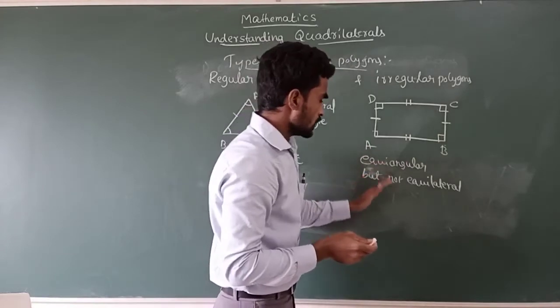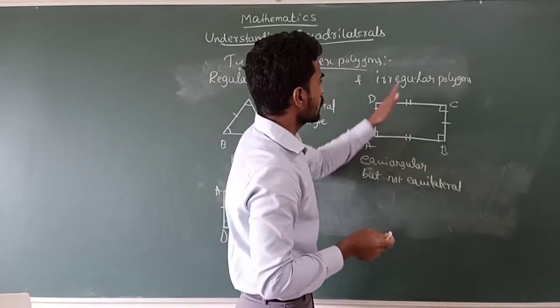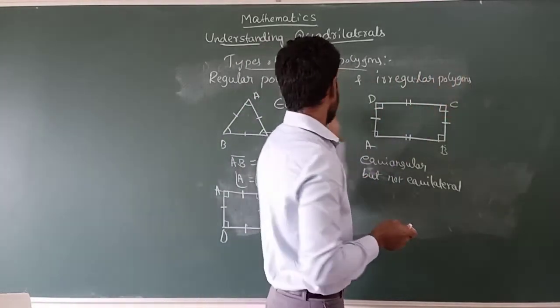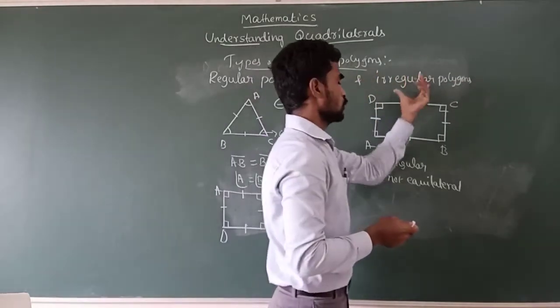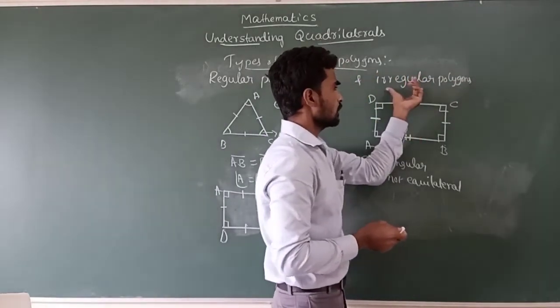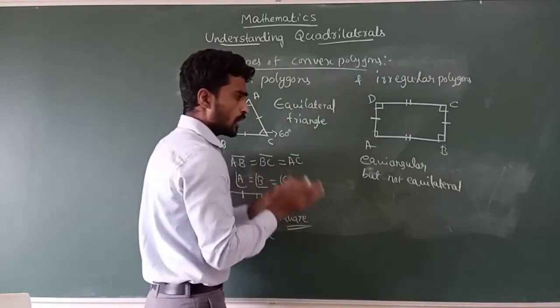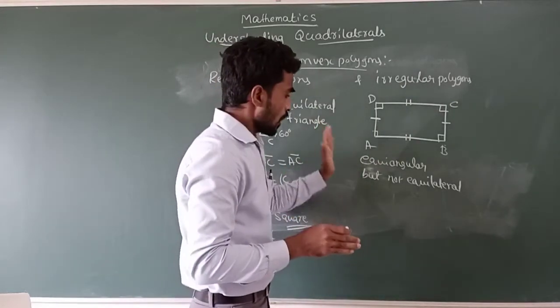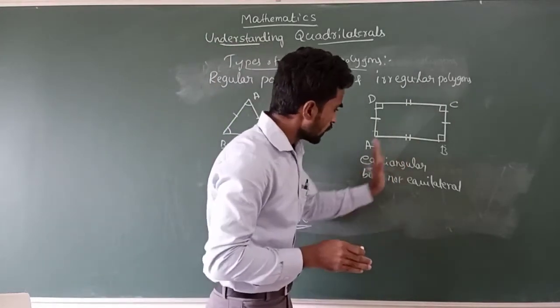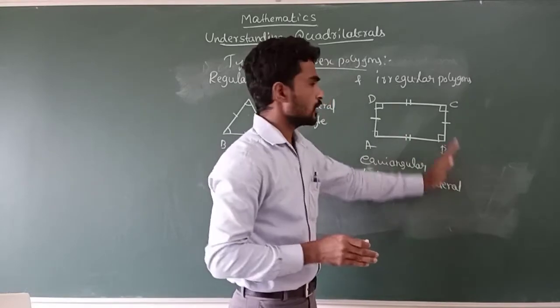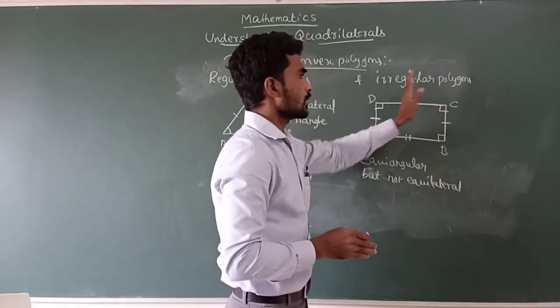Therefore, these polygons are not regular polygons. Those are called irregular polygons. The polygons which are non-equiangular and also non-equilateral are called irregular polygons.